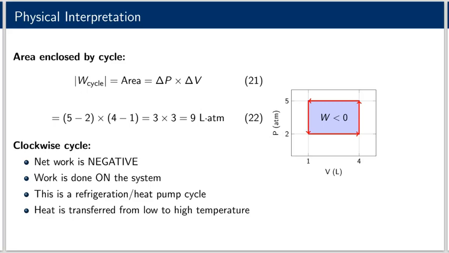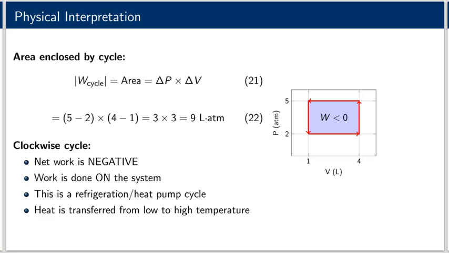A clockwise cycle with negative work is characteristic of a refrigeration cycle or heat pump. This device requires work input to transfer heat from a cold reservoir to a hot reservoir. When we learn about the heat pump, we'll know all these things, exactly like your refrigerator at home.